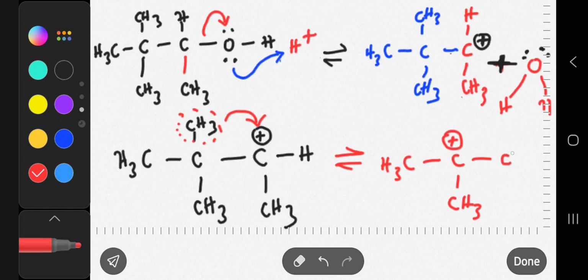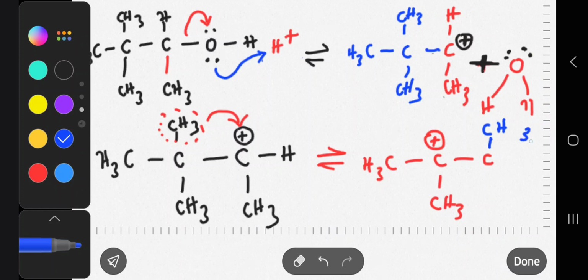Then we have C. Now, the methyl that has shifted is here. Can you see? Oh, sorry, I missed that. So you can see it is here, right? Then just below it is this one. So I have this CH3. Remember, we have this hydrogen. So I have hydrogen. Can you see what we've done?